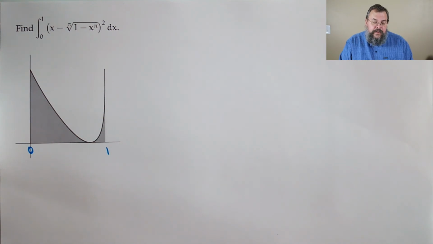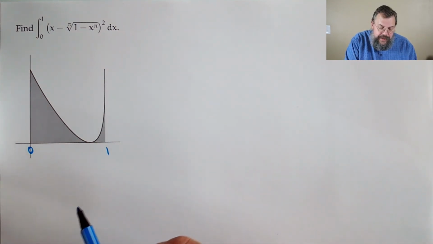All right, so as we get going here, we say to ourselves, well, I see a square. We've done this a couple of times. See a square, that means square it. So let's do it.